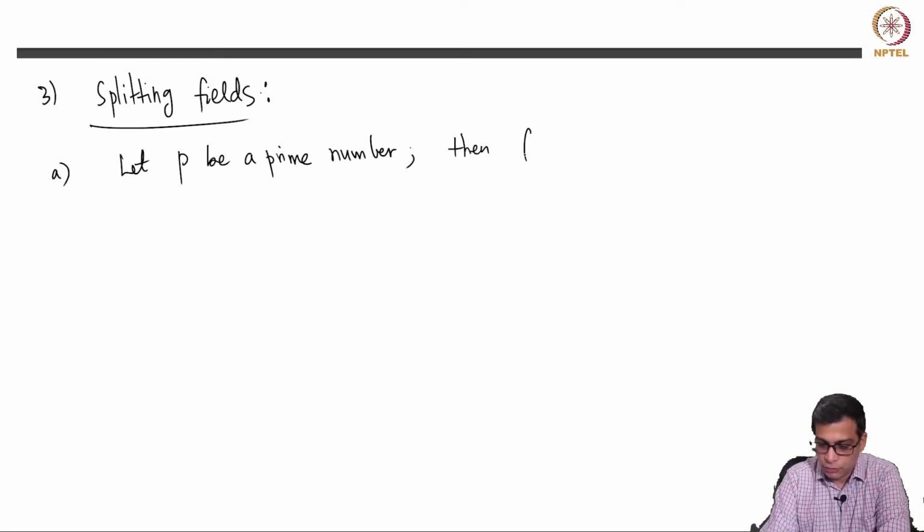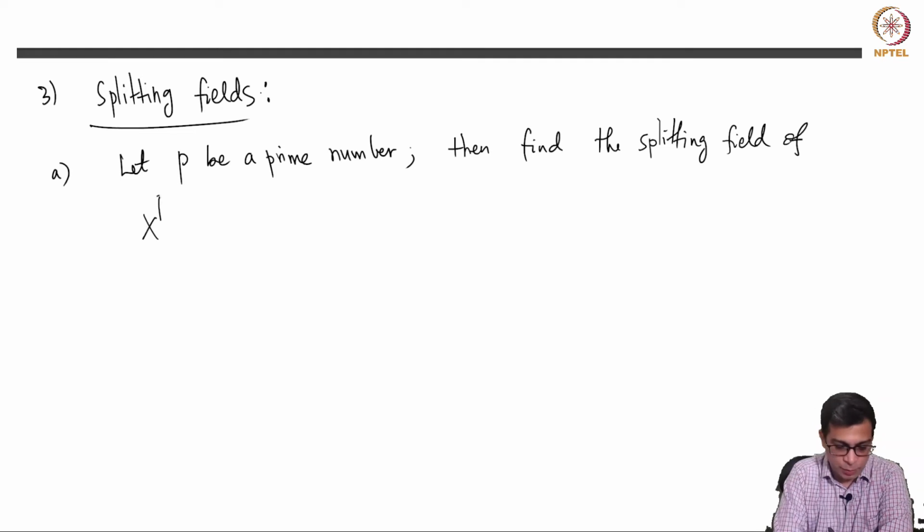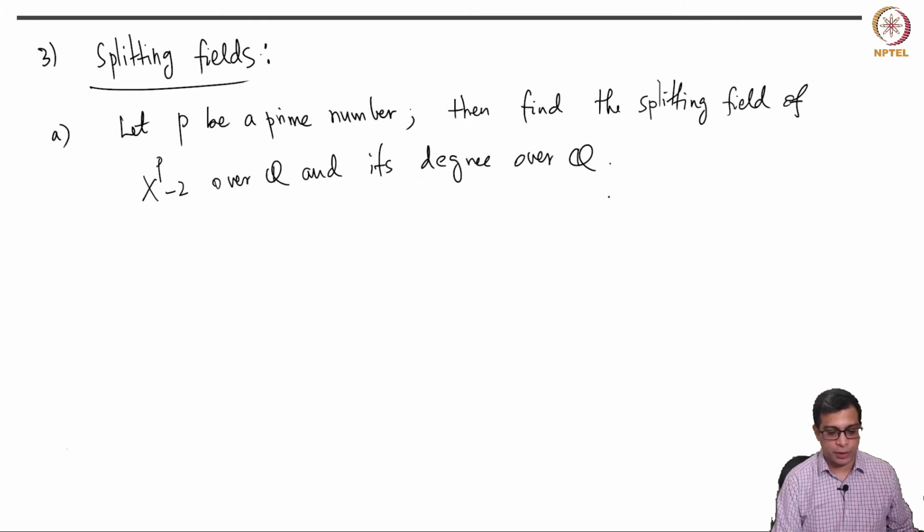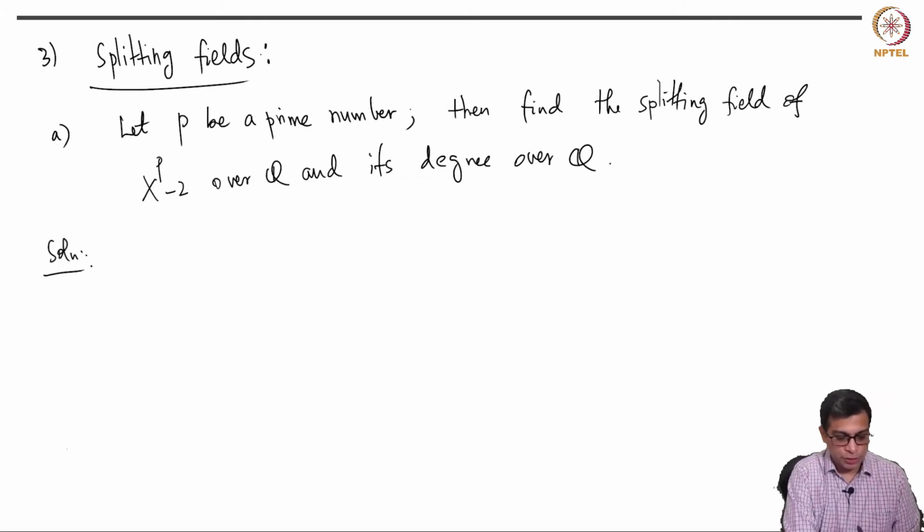Then find the splitting field of x^p minus 2 over Q and its degree over Q. So this is the problem.